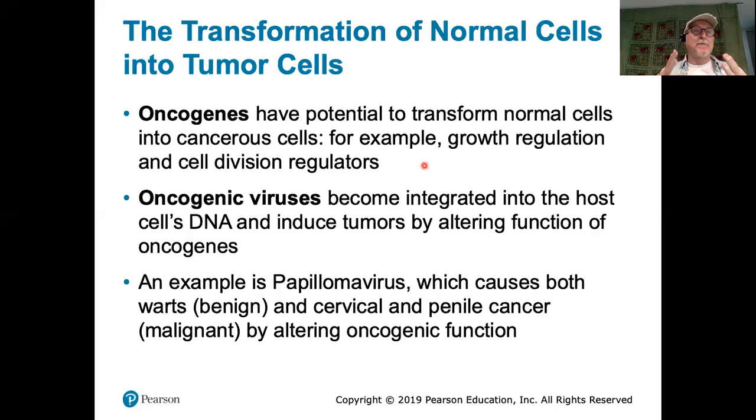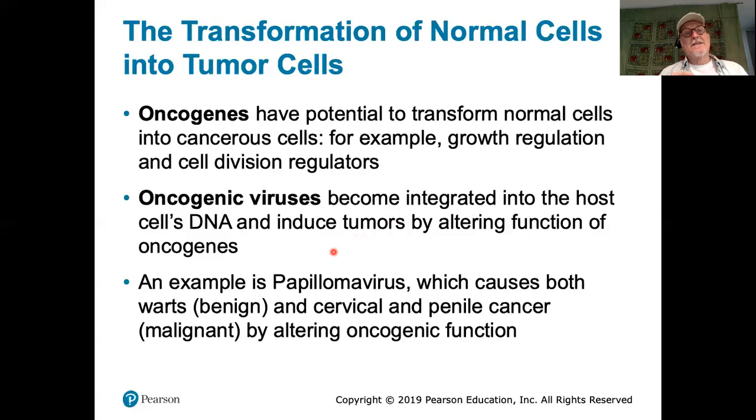And they can end up turning those cells into cancerous cells. And this may happen much, much later, decades down the road, that this process actually commences. So they have the potential for making cells become malignant.